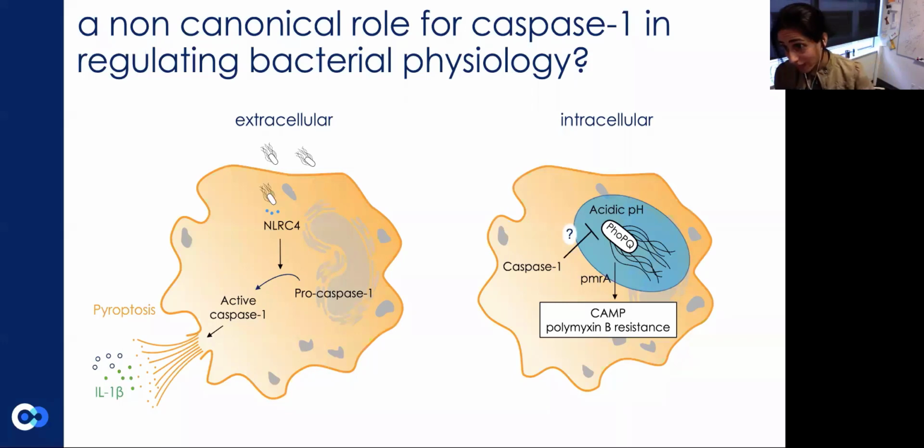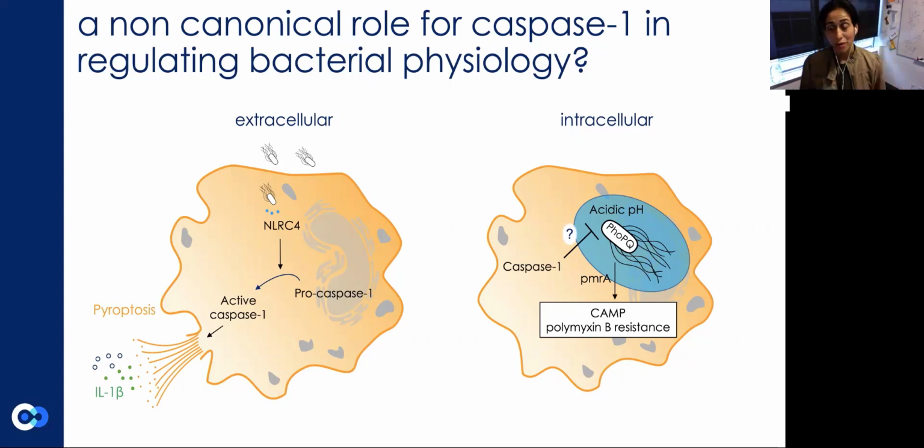You are right, it is quite a possibility that Salmonella would like to inhibit caspase-1, right? Because activation of caspase-1 causes IL-1 beta production and neutrophil recruitment that leads to clearance of Salmonella. So there is a reason for Salmonella to actively inhibit this process, but we haven't so far found evidence of it.